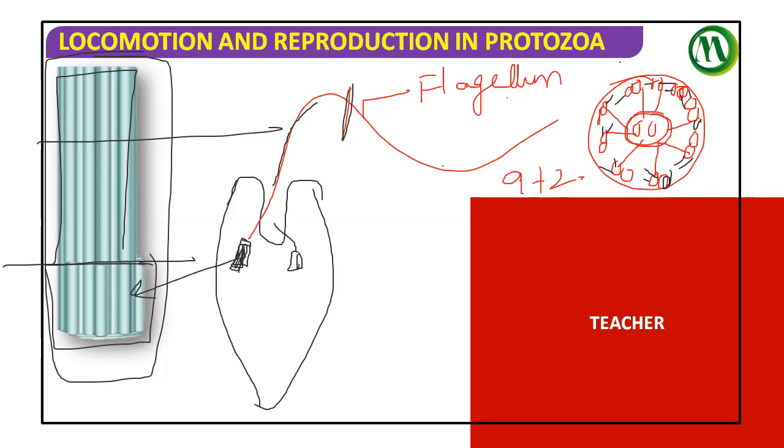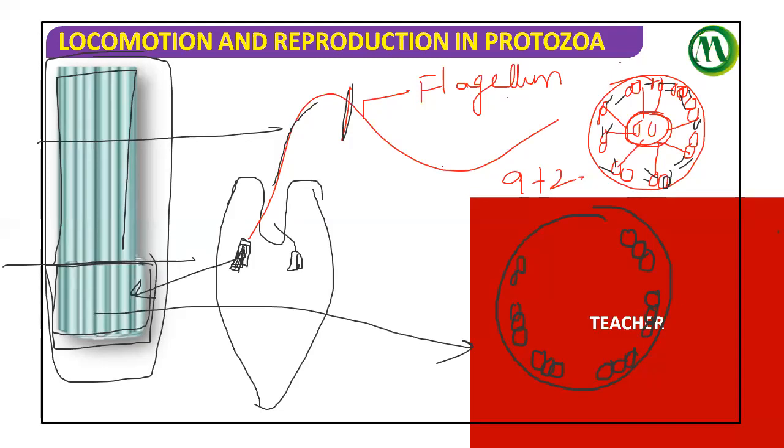So that means we need to see the transverse section of this particular basal granule. If you take the transverse section, I hope you don't have any objection here. Let me draw a little bit clearer and bigger diagram. So 9 peripheral microtubular triplets are present here, at the peripheral location, as it is there in the name.